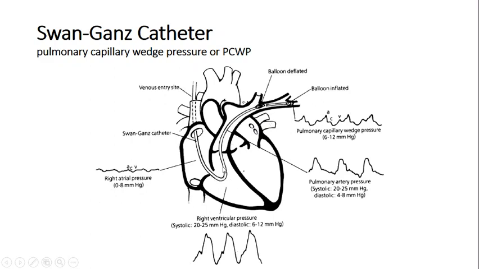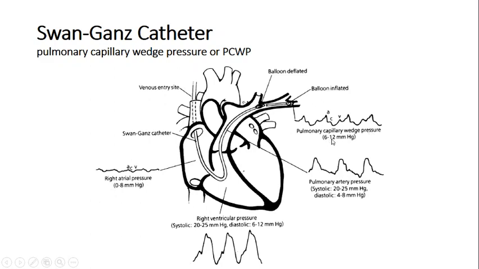If we put the catheter up, and once we get into the smaller vessels here, we can inflate the balloon, and at the point where the balloon occludes, that's the approximate pressure of the left atrium. This is called pulmonary capillary wedge pressure.